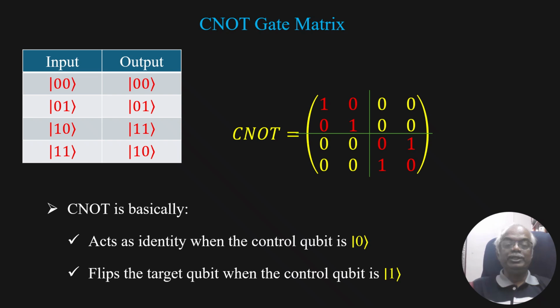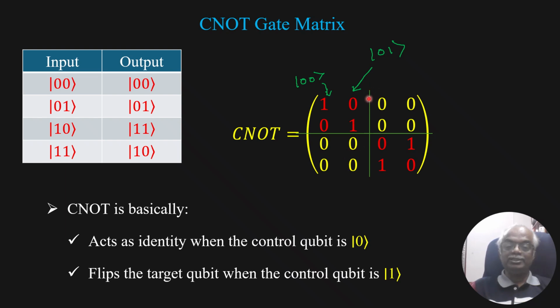The output will be ket 0,0. So that is a column matrix. Just now we have seen this column matrix is 1, 0, 0, 0. And what about the next output? 0,1 means you will have 0,1, no change at all. So it is the column matrix 0, 1, 0, 0.